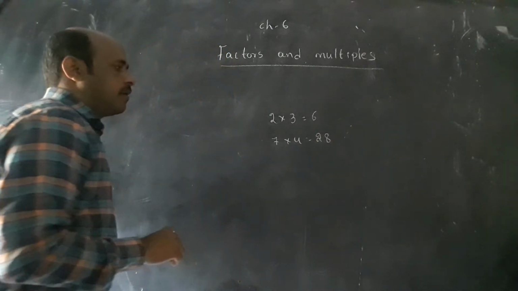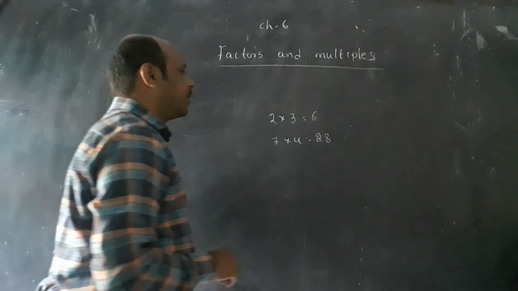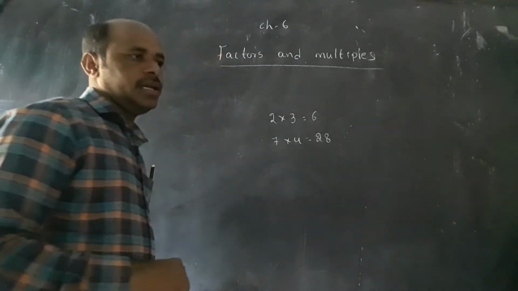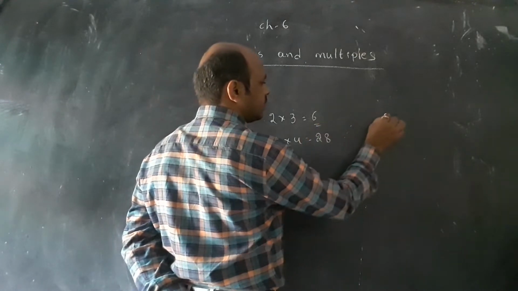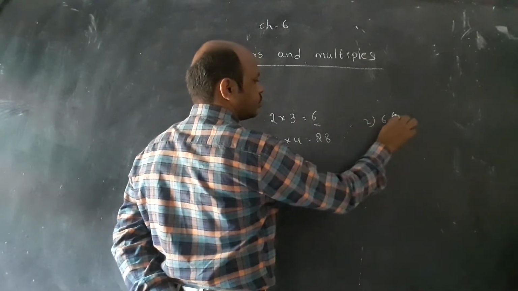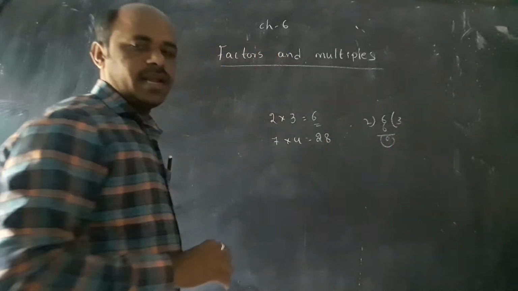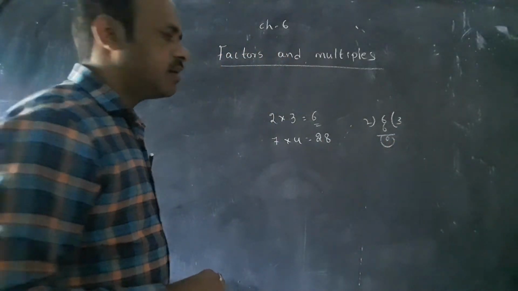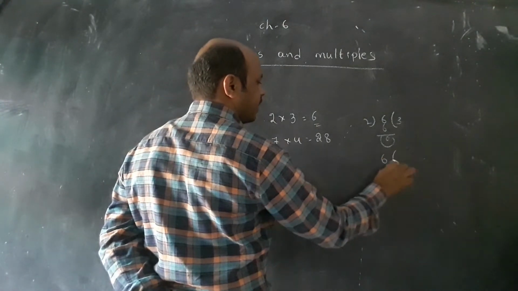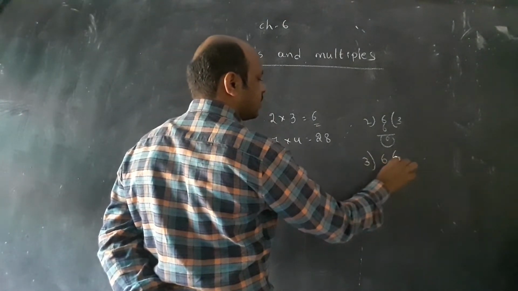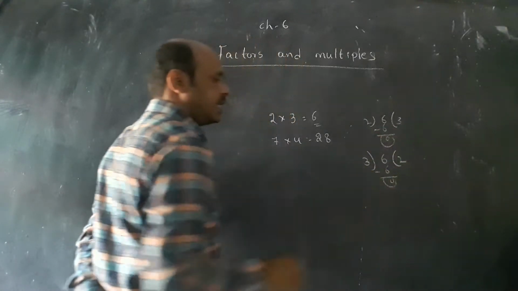See, the first factor I told: whenever we are dividing the number without leaving a remainder. Means what? Suppose I am taking 6 here. 6 divided by 2 is 3 exactly, without leaving a remainder. The remainder we got here is 0. Then 6 divided by 3 is 2, again the remainder is 0.